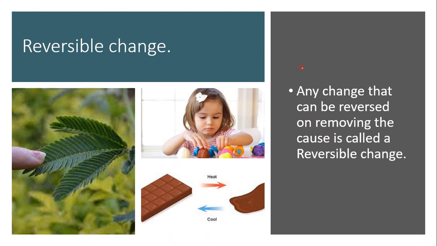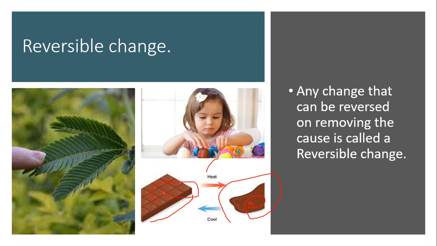Now, reversible change. Any change that can be reversed on removing the cause is called a reversible change. For example, take a bar of chocolate, melt it on the stove. It gets melted, right? Pour it in a container, keep it in the freezer.